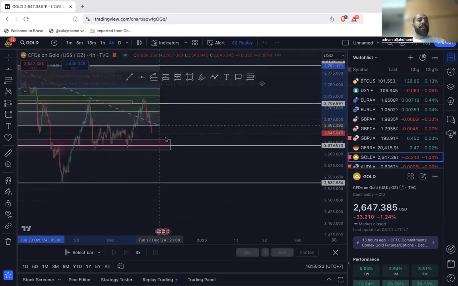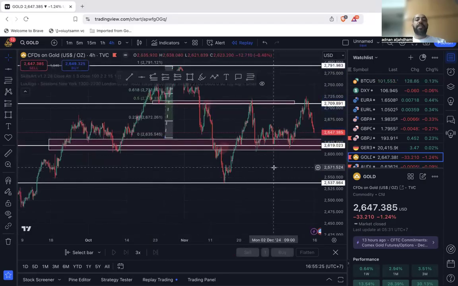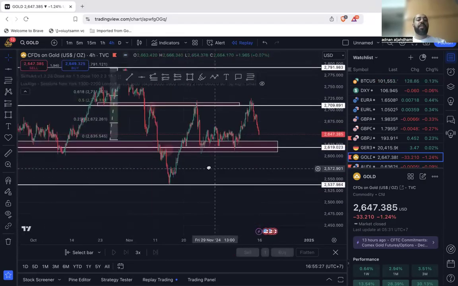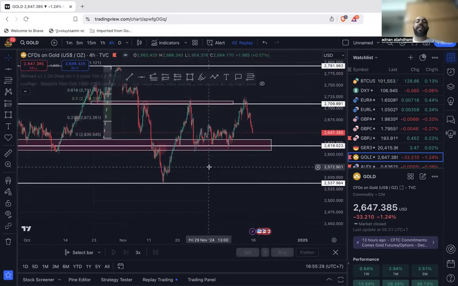So this is how you use the Fibonacci tools to find a great entry with a combination of demand supply zone, a combination of RBS and SBR, which is resistance becoming support or support becoming resistance.